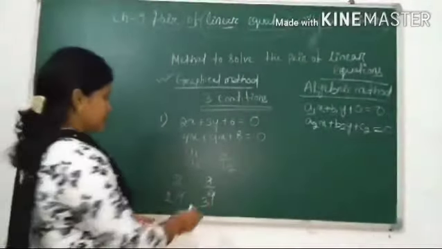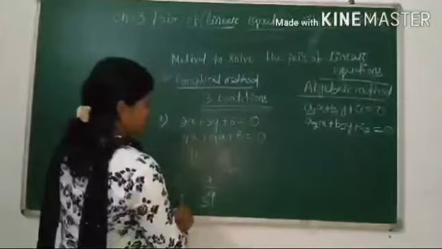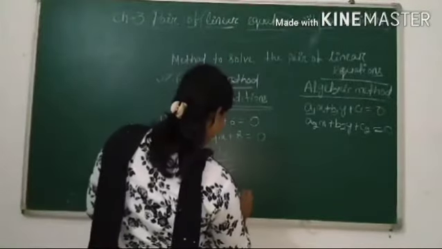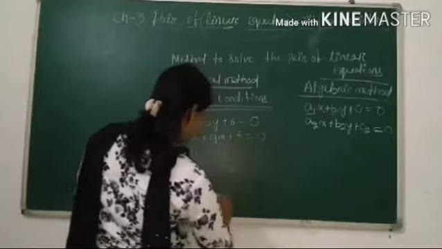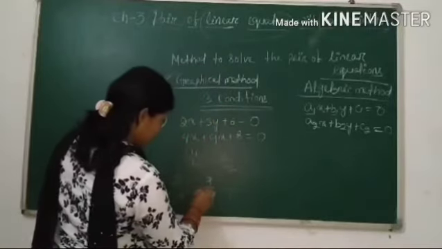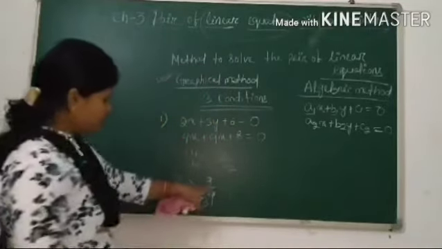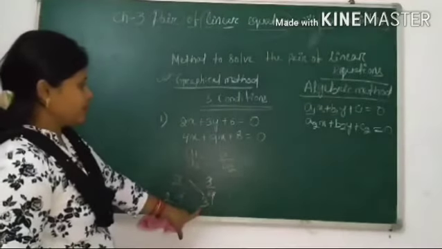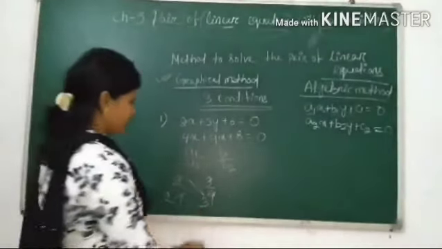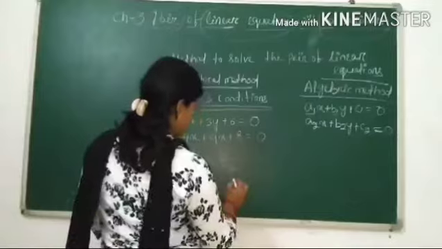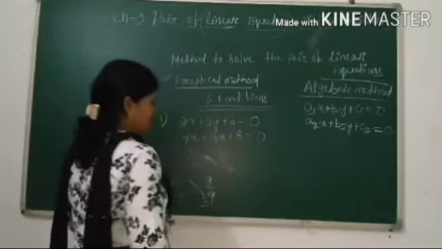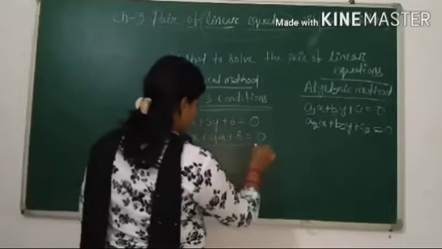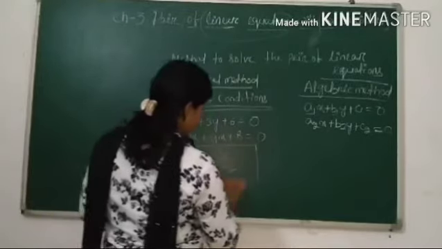Otherwise you will not go. So 1 by 2 is not equal to 1 by 3. Your condition is a1 by a2 is not equal to b1 by b2. This is your first condition.